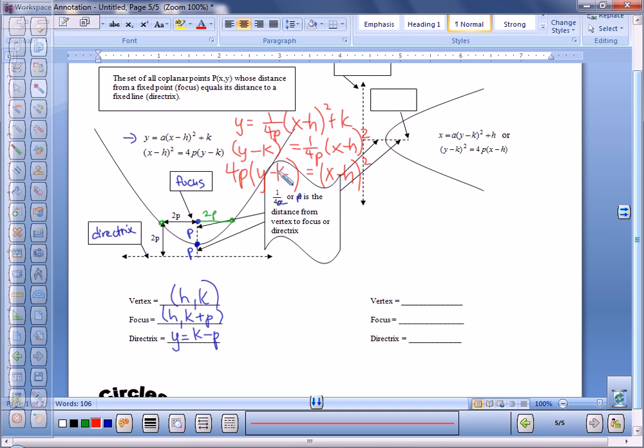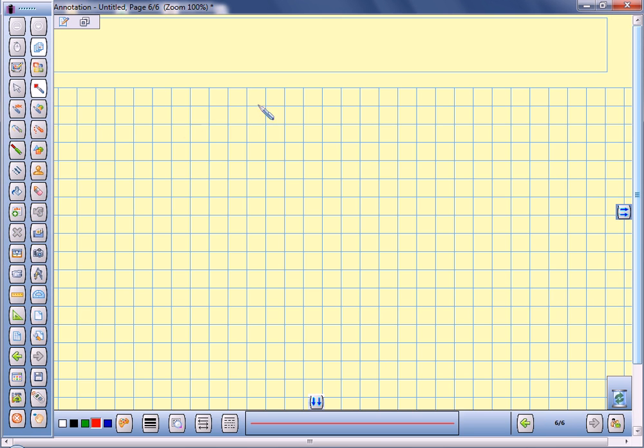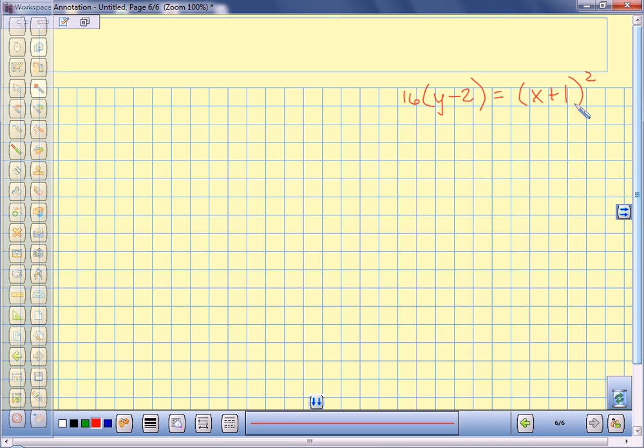And how would that look for us? So let's say we had 16 times y minus 2 equals x plus 1 squared. So when it's in this form, this was y minus k, x minus h, and 4p.